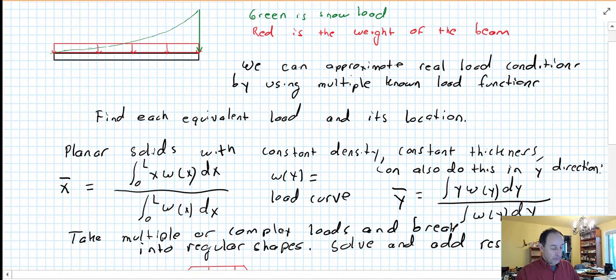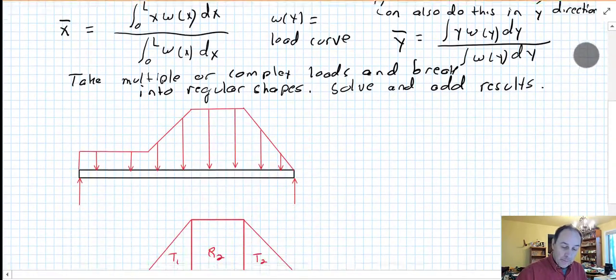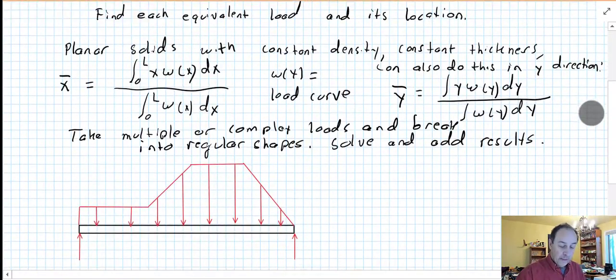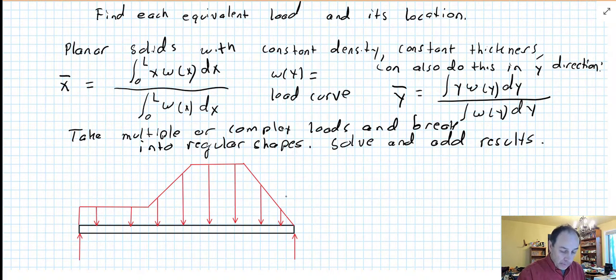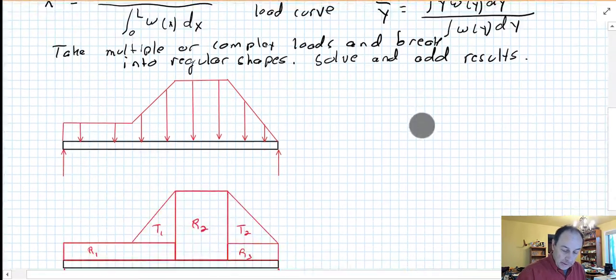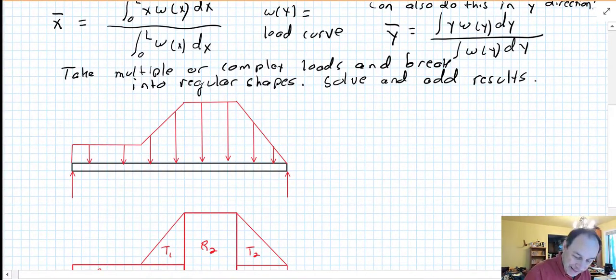All right, so for example, here's what I mean by that. You have right here a complex load. Say it's made of the weight of the beam plus some other load that's on it, whatever it is. Okay, so I actually drew this incorrectly.